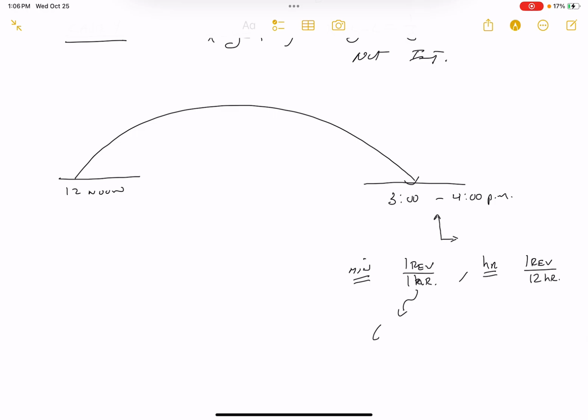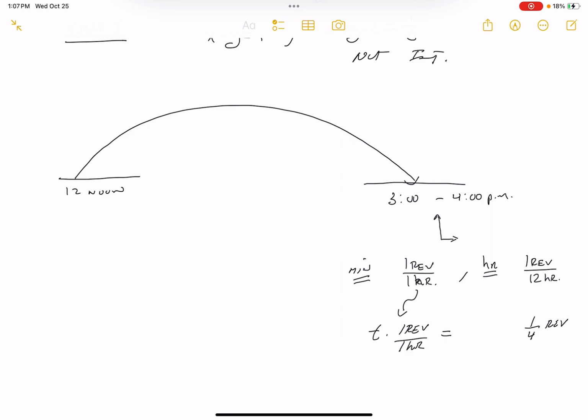I have no idea. So it would be T times, and I'm going to certainly simplify this equation in a moment, over 1 hour. So again, I know it's between 3 and 4 p.m. T is the amount of time it takes between 3 and 4 p.m. But the hour hand has a head start. Right? How much of a head start? Quarter of a revolution head start. So 1/4 rev.